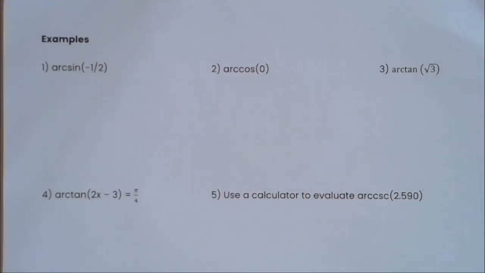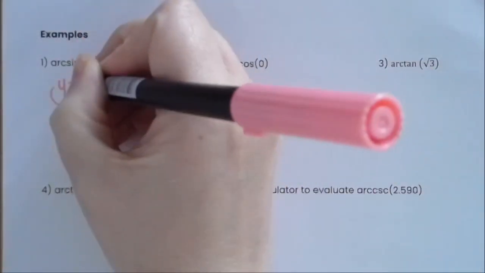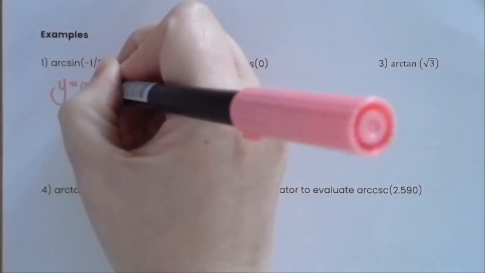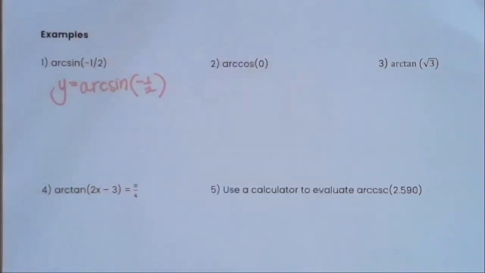We want to know where sine is equal to -1/2 is really what this is saying. But let me show you how we can do a little bit of work to pretty this up and be exactly what I just told you. So arcsine of -1/2 is what I've got. Now I've written it as an equation.